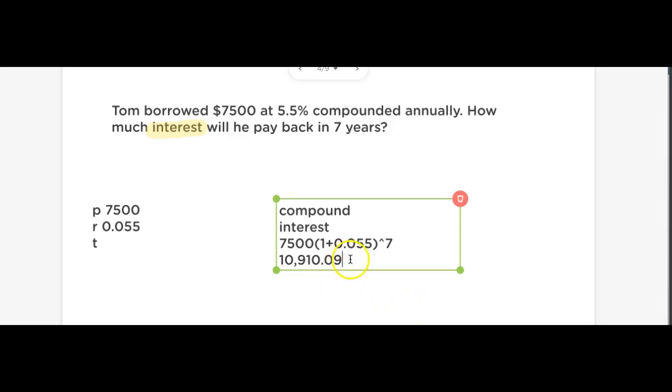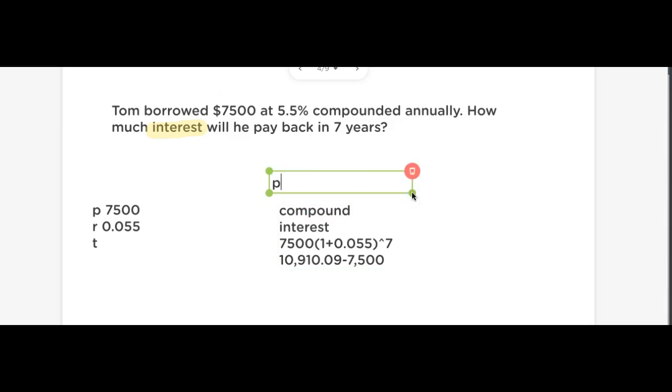Now here's the thing. What we're going to have to do. This is the total amount, ladies and gentlemen. So what you have to do is take the total amount and subtract the principal. Remember, we're still working the concept of P plus I equals T, right? Remember, we talked about principal plus the interest gives you the total amount. So if we have the total amount and we're trying to find the interest, we're just going to do the opposite.